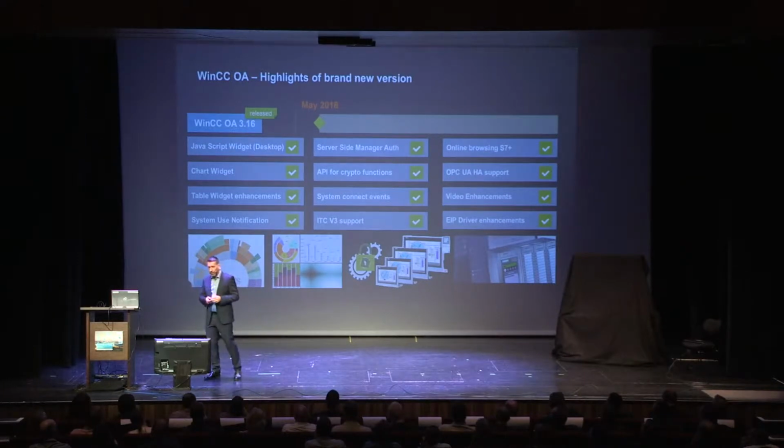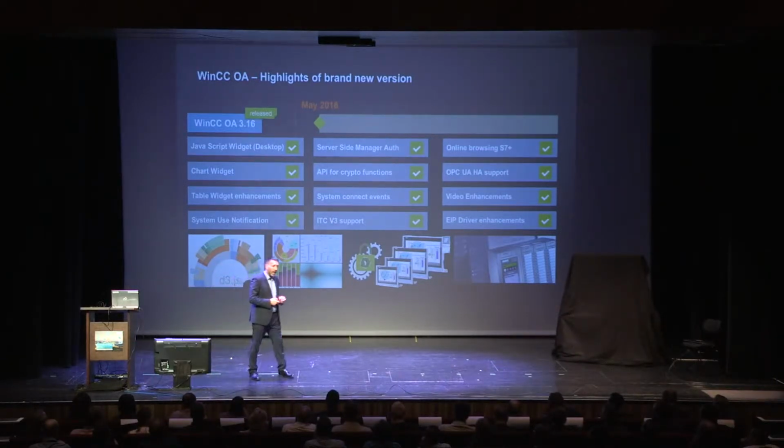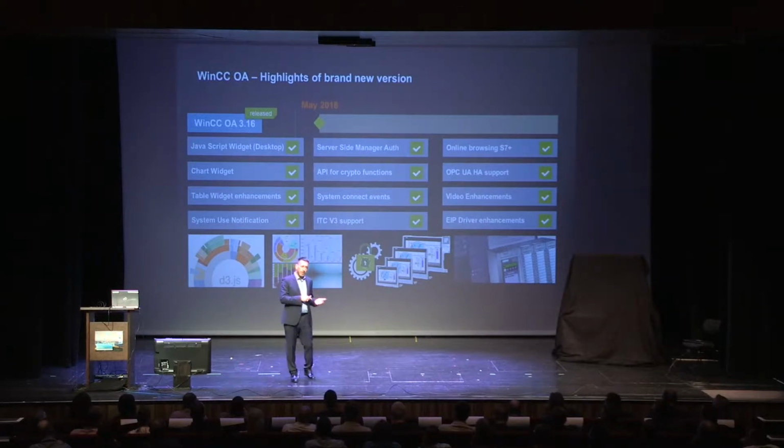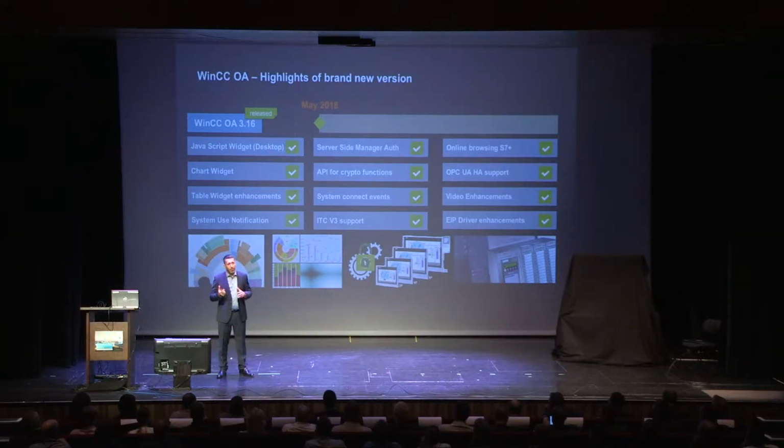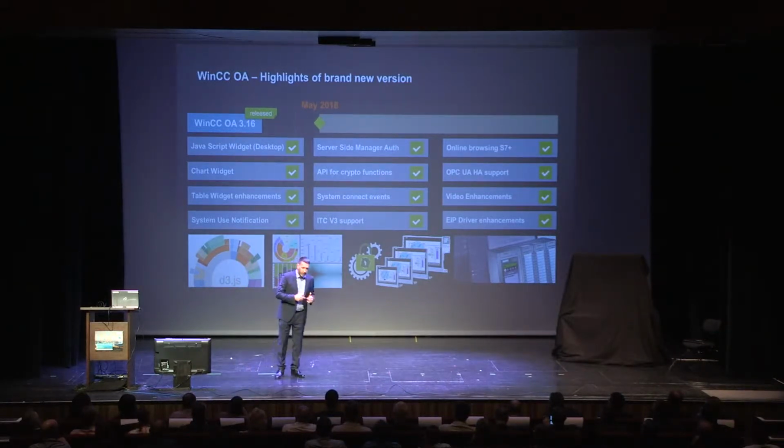Online browsing means that if you have your WinCC UA up and running and there's already a PLC engineered and up and running, you just need to connect to this PLC and get all the engineering information directly from it. This gives you a little more independence from the PLC programming, because you can already start with your solution, and the connectivity to the PLC can be done at a much later stage by just online browsing the PLC to get this information.